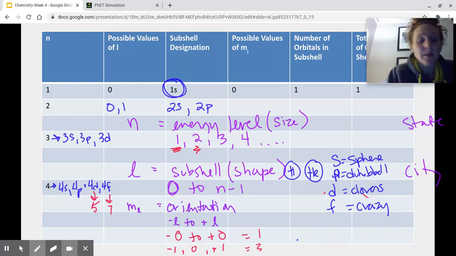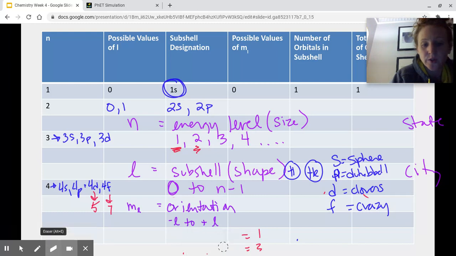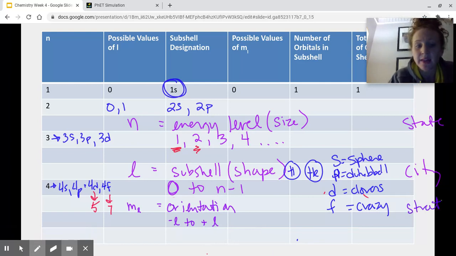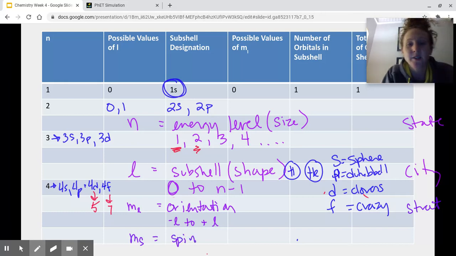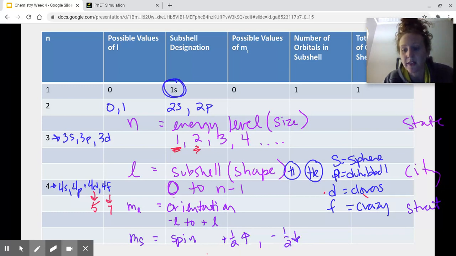Okay, so M sub L is orientation, and that gets us a little bit closer to our electron's location. So this would be like the street. And then we have M sub S, which is the spin. The spin is the least complicated of all. The spin can either be spinning up, which we call 1/2, or spinning down, which is -1/2. And so this would be like the house.